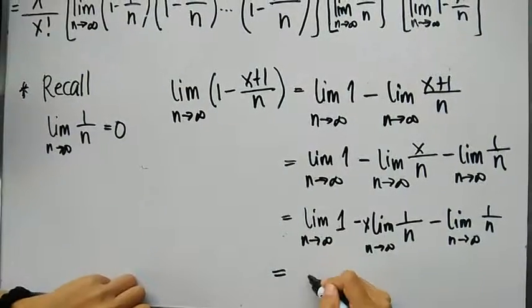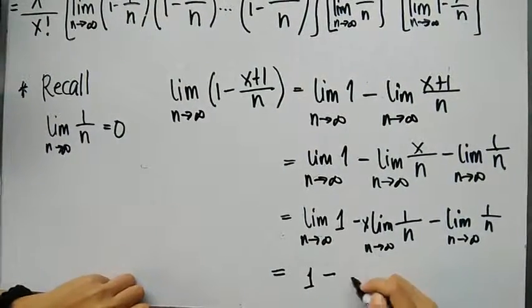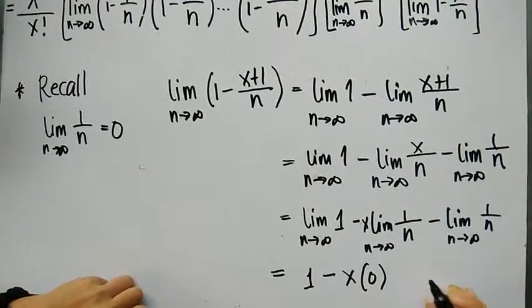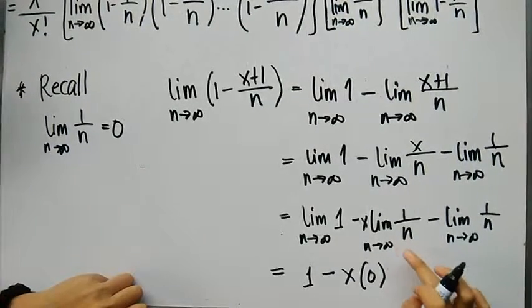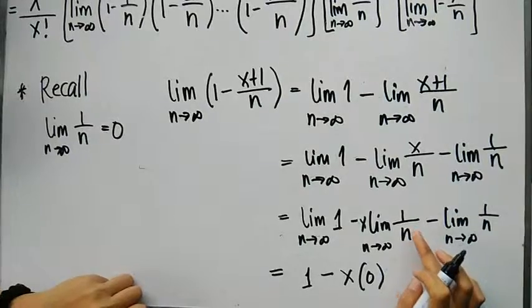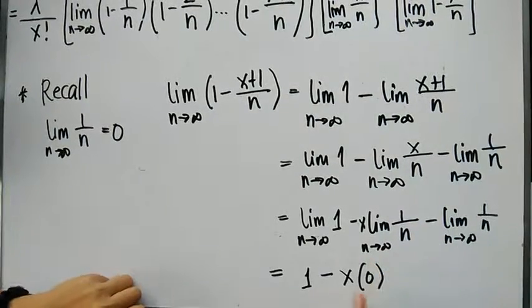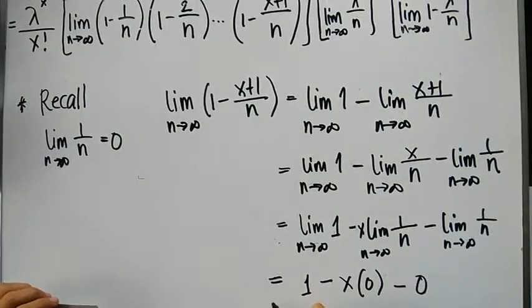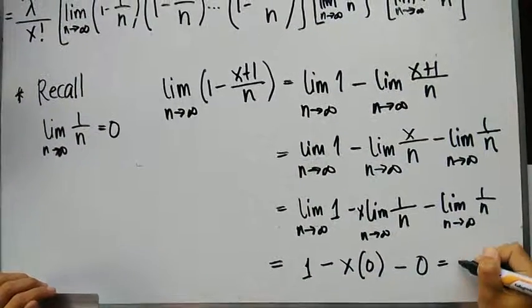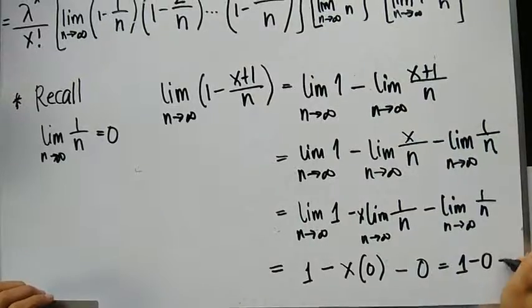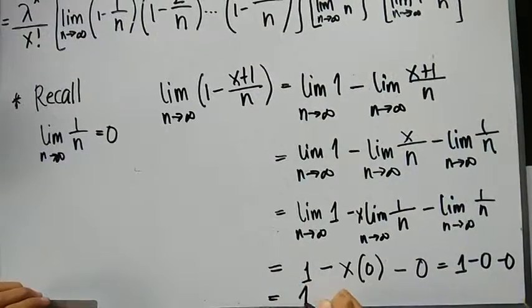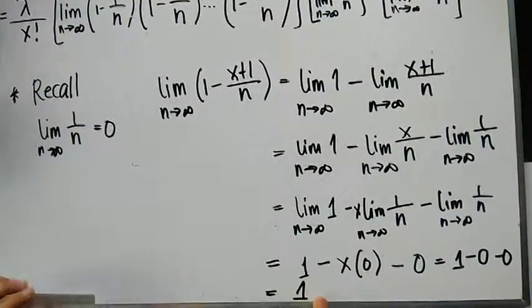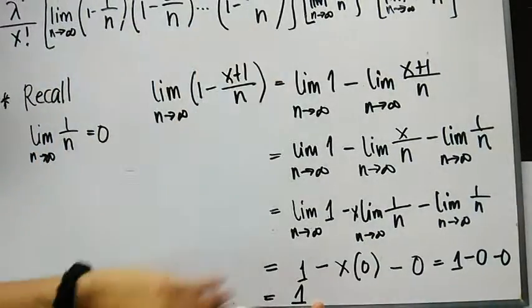So the limit of this is just equal to 1 - x times 0, since, as we have recalled, the limit of the harmonic series 1/n as n approaches infinity is just equal to 0, minus 0. So we have 1 minus 0. So we have 1 as the limit of the series.